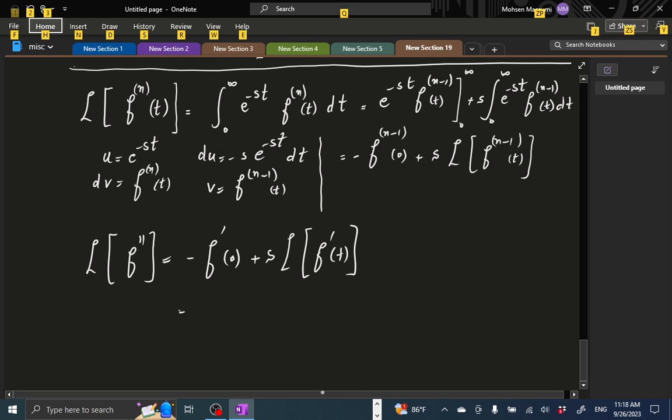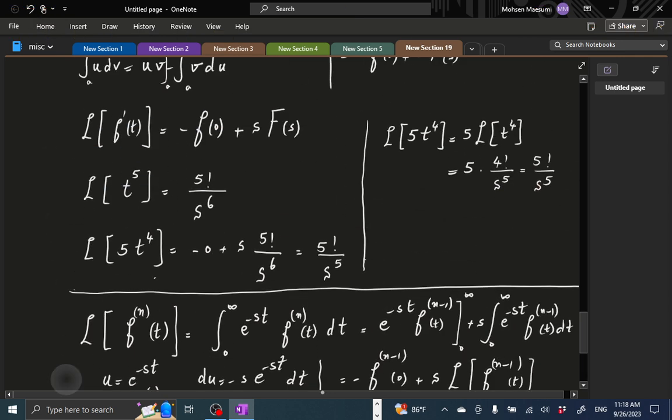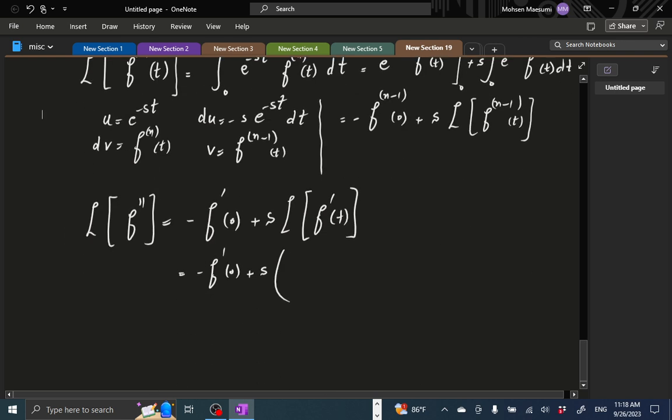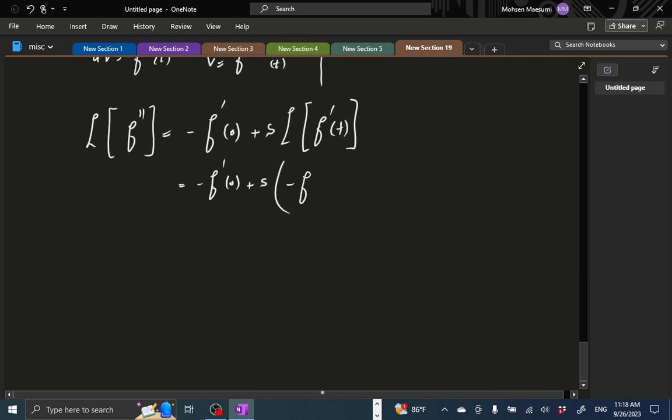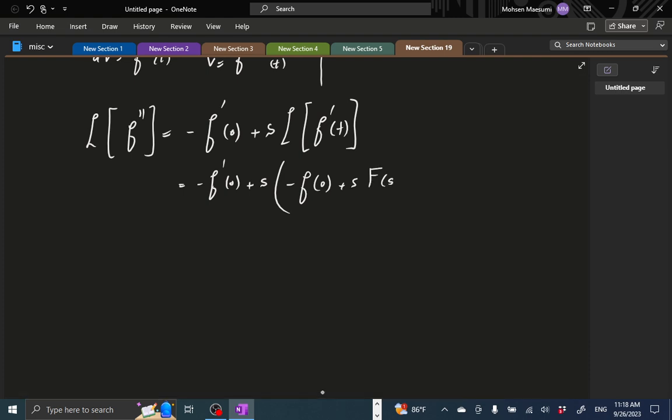So that's going to be minus f prime of 0 plus s. Now, what was the Laplace transform of f prime? We go to what we had, which was minus f(0) plus s times the Laplace transform of the function itself. So it boils down to minus f prime of 0 minus s f of 0, and s times another s becomes s squared F(s).